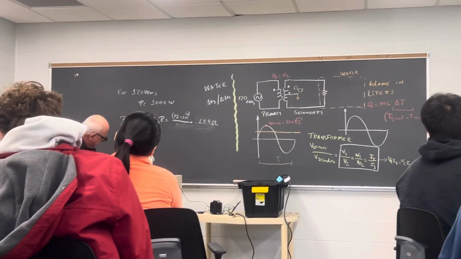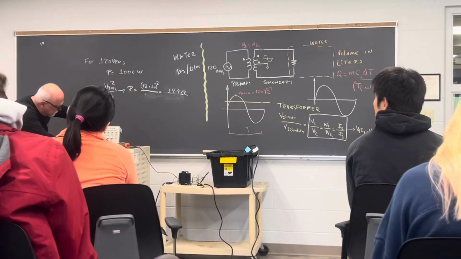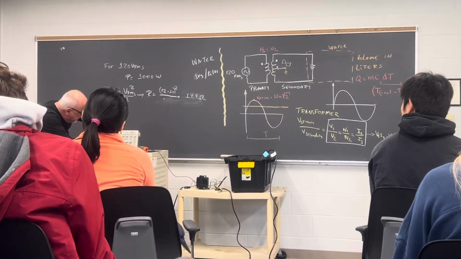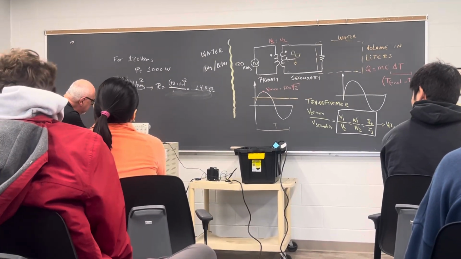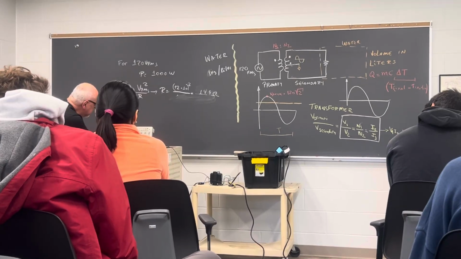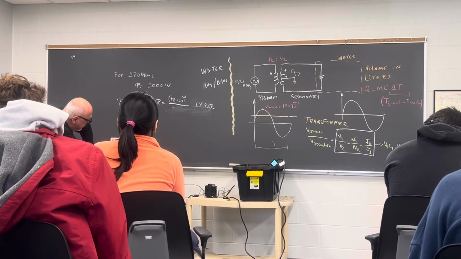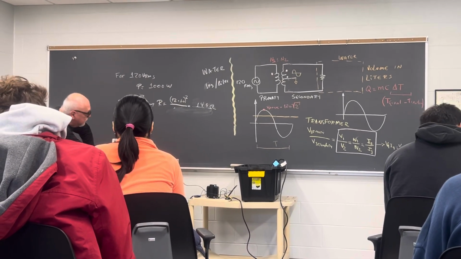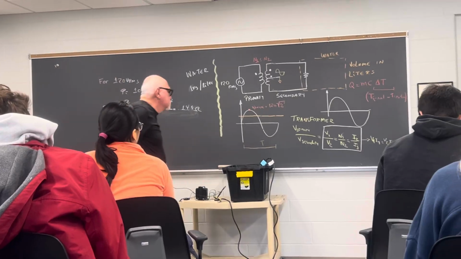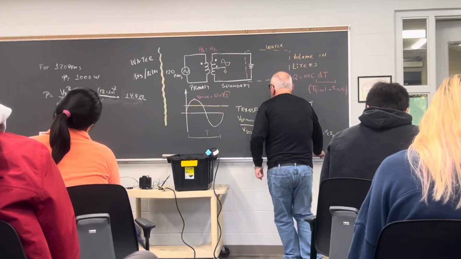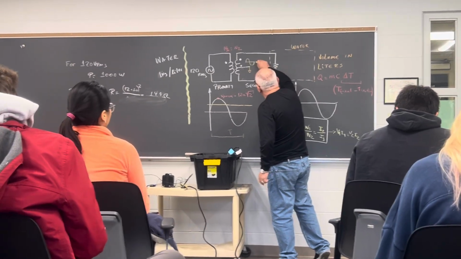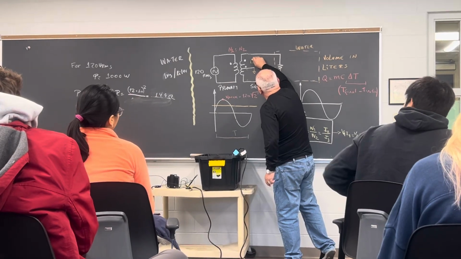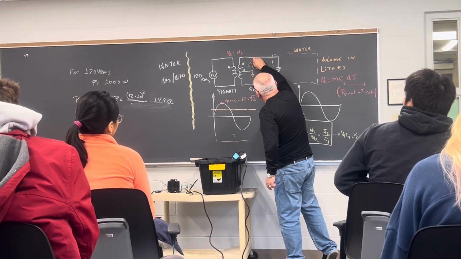Peak to peak means it's 24 peak. The scale is 10 volts per division, so I have 10, 20, a little more than 20. So when I look here, this is 0, and the peak here is 24.